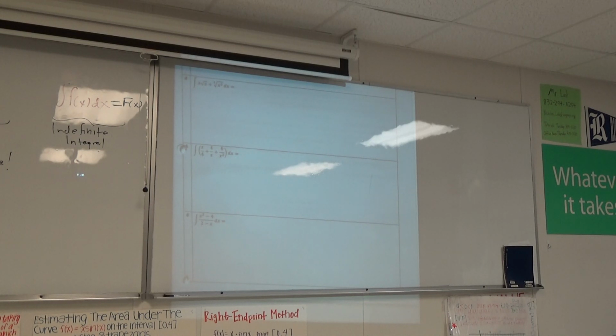Why doesn't this work? This is a chain rule. So if you were to take the derivative of this, how would you take the derivative?